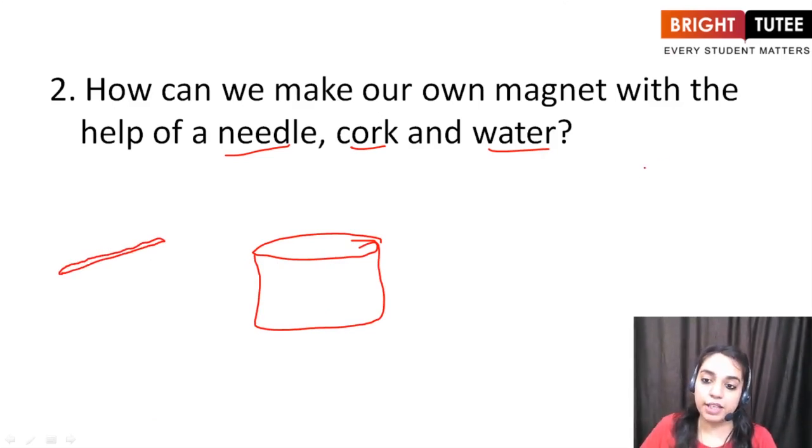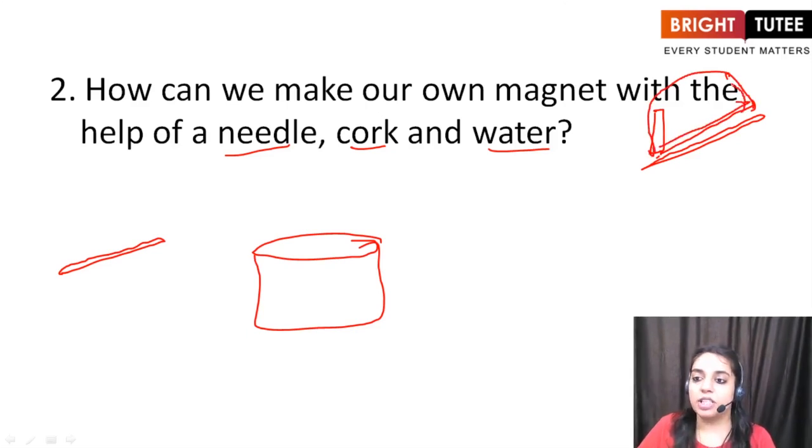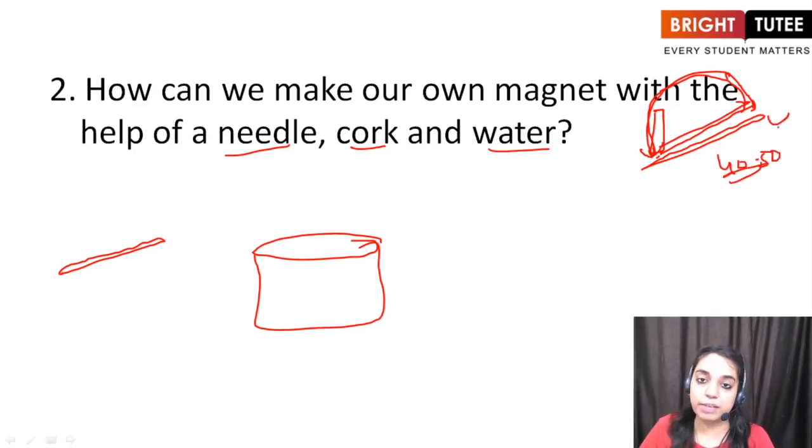How we can magnetize this needle? We have learned the process. We can magnetize it by rubbing it with a piece of bar magnet from one direction to the other, then lifting it and again bringing it back to the first edge and again rubbing it in the same direction. And we will have to repeat this process 40 to 50 times in order for this needle to get magnetized.